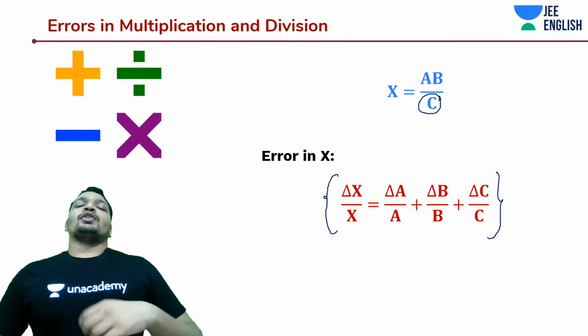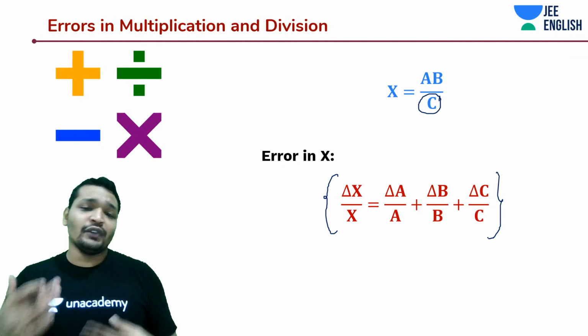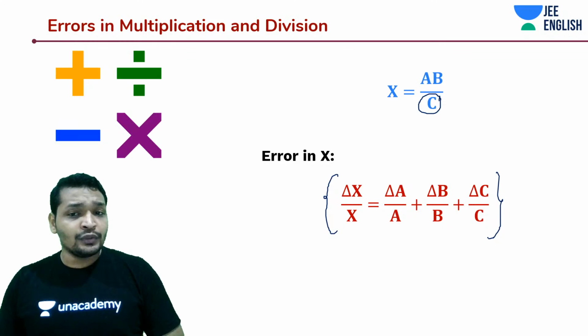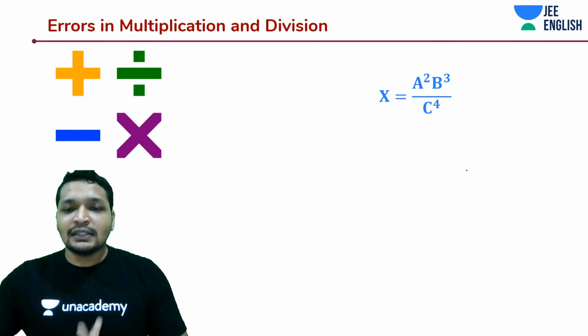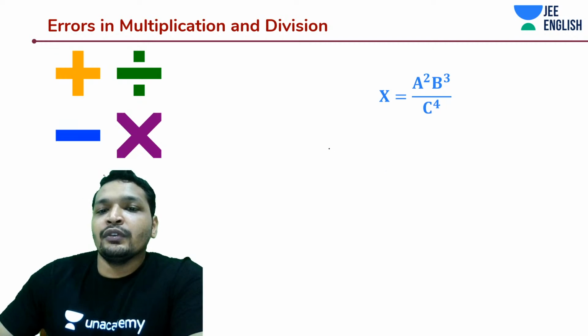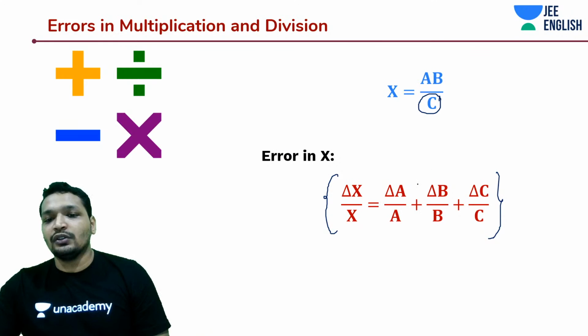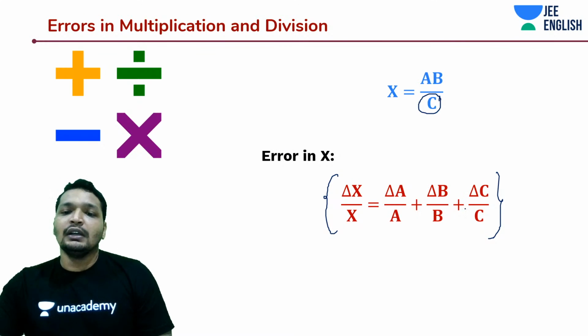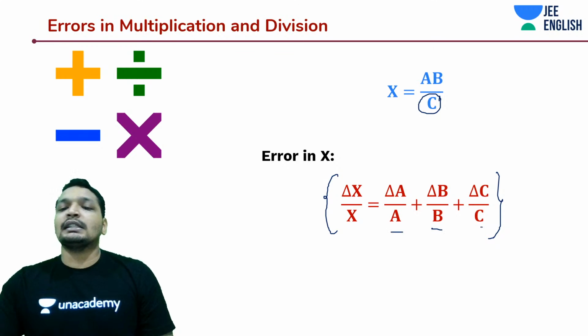This is one of the most sought out concepts in your JEE Mains and JEE Advanced, around which all your questions exist. Any of the questions that you're going to solve is going to be around this concept. So now delta x, if it's a into b into c, delta x by x is equal to delta a by a plus delta b by b plus delta c by c.